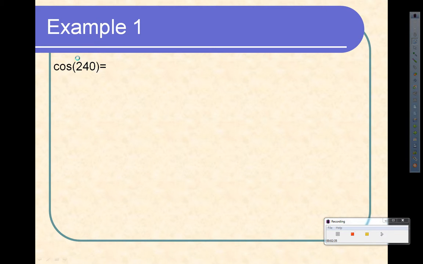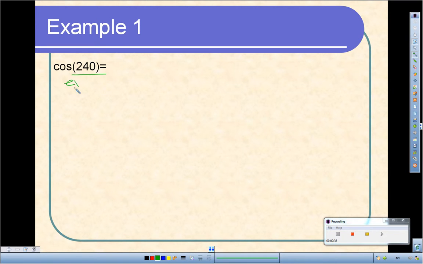Alright, let's say I wanted you to find the exact value of cosine of 240 degrees. Well, the first thing I want to do is find what quadrant this angle is in. Thankfully, 240 degrees is between 0 and 360, so I know that it is in quadrant 3.